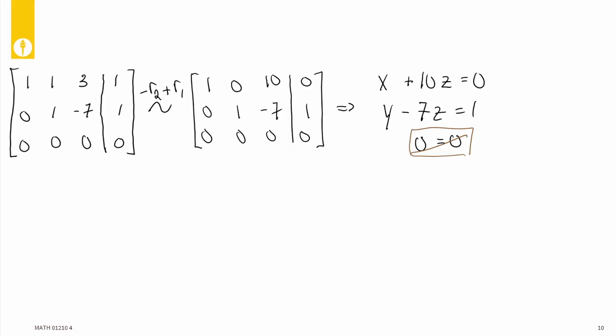In this case, you only have one choice, z. Z is your free variable. You can tell that by looking at the augmented matrix, and you go, what column does not have a leading 1? Third column. That means your third variable is your free variable. And if you have multiple columns without leading 1s, the corresponding variables would all be free.